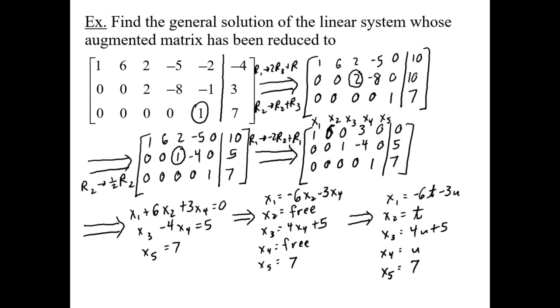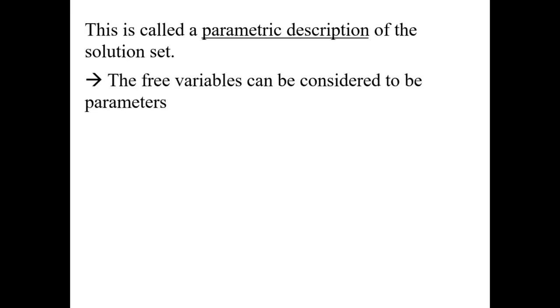But the point is I could do that if I wanted to. There's nothing wrong with leaving it as x2 and x4. It's just a little easier to write it as t's and u's. When we write it in that form, we call that the parametric description of the solution set, where those letters t and u are what we call parameters. The free variables could be considered to be parameters. So instead of t and u, you could just say x2 and x4. Those are also parameters. That's fine.